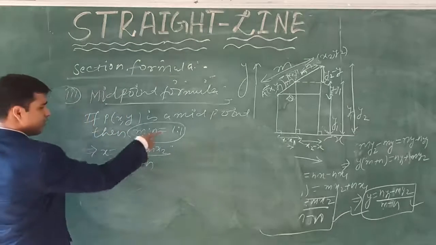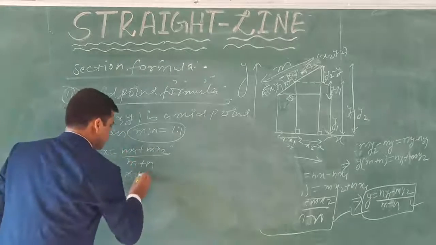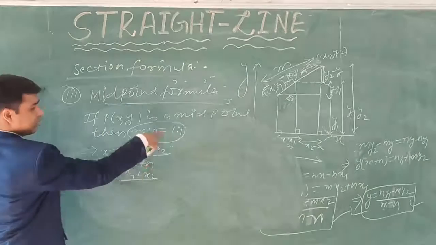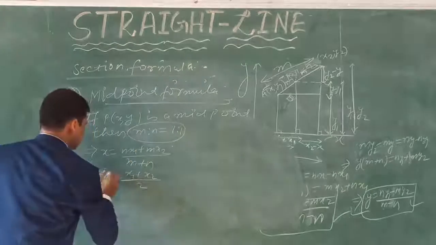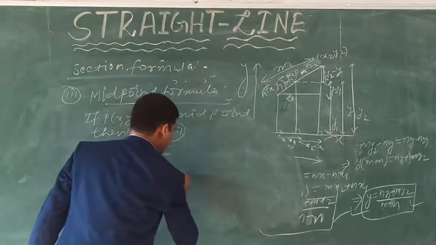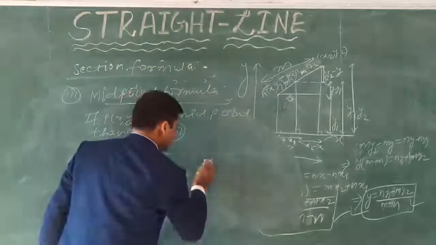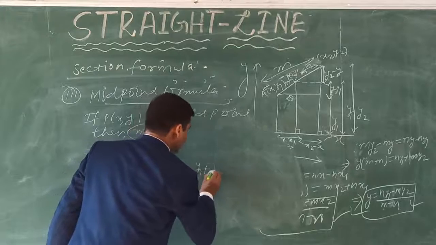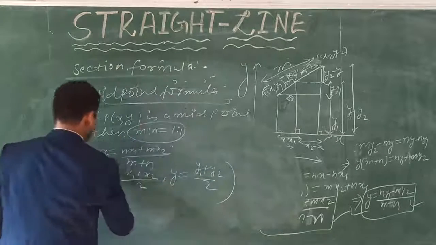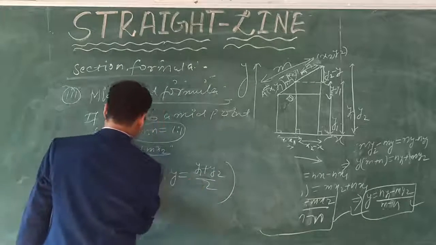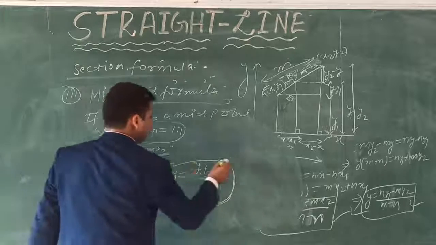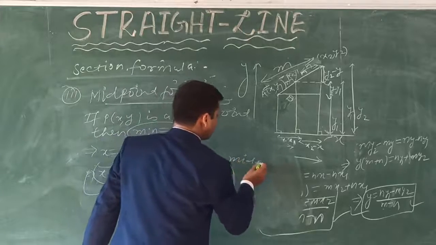Instead of m or n, if you put 1 and 1, what will we get? x1 plus x2 divided by m plus n, 1 plus 1, which is 2. So this is x, and in a similar way we will get y equals y1 plus y2 by 2. So we know that this is the midpoint formula.